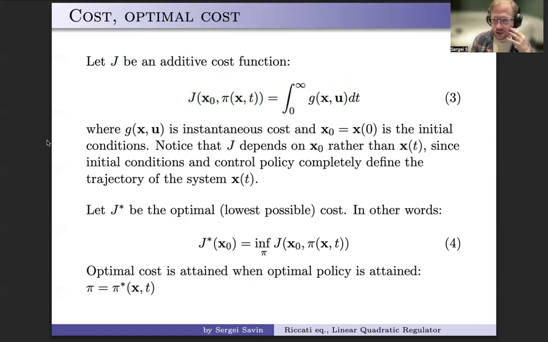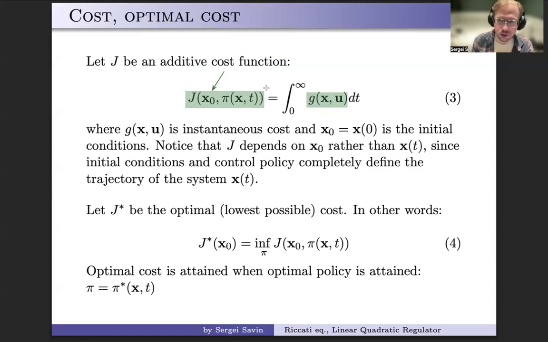Let me try to repeat it, but maybe more tightly. Your cost is just the sum of all instantaneous costs. This cost we evaluate on the trajectory. So we get a solution, let's say something like this. On each point of this trajectory, we compute G. We integrate G, and we get our J. Initial conditions are important because different initial conditions would produce different costs.